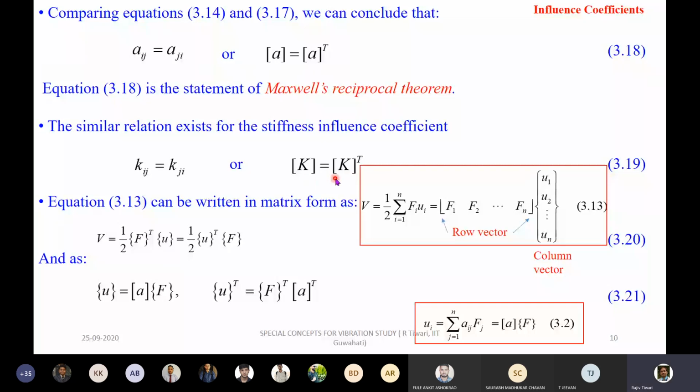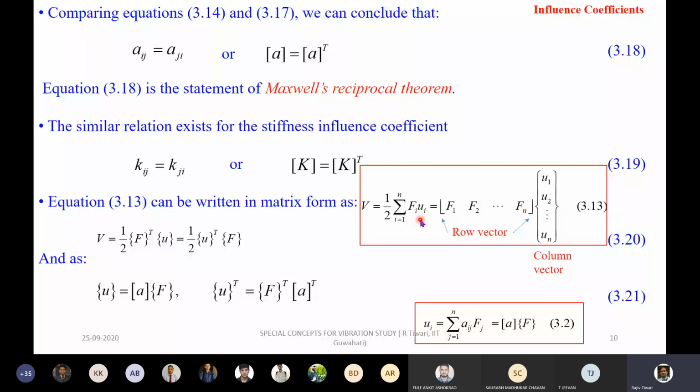Okay, so this relationship of symmetry, the reciprocal theorem, we have seen here. Now we'll try to write this energy expression in the form of matrices or vectors. Like one of the strain energy expressions we wrote: V is equal to half summation i equal to 1 to n of Fi Ui. If we expand this term, there are n terms, i equal to 1 to n, so we'll be having n terms.